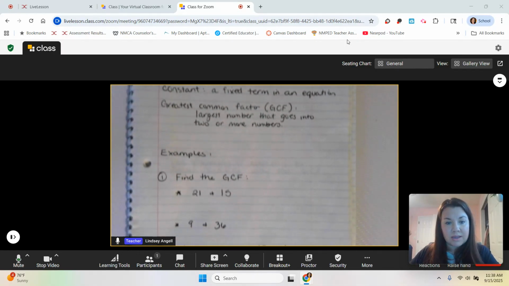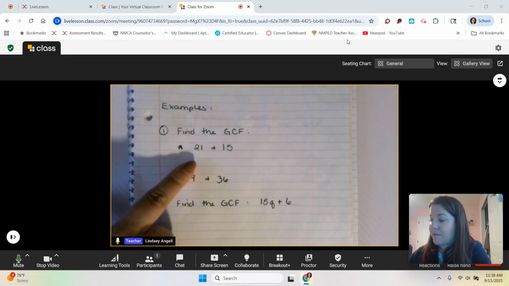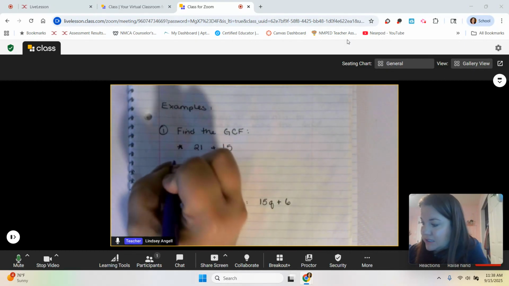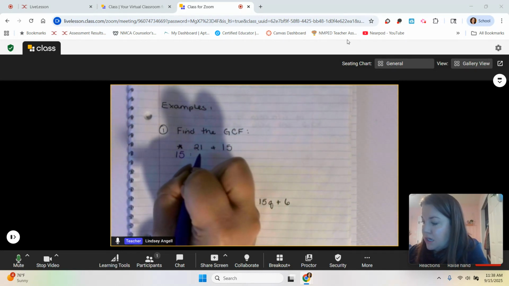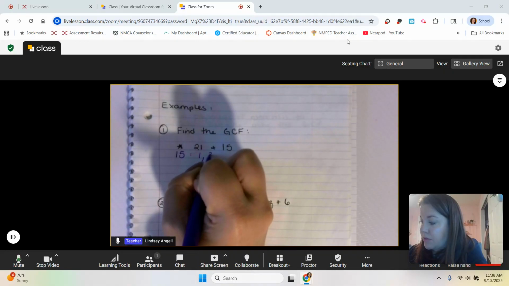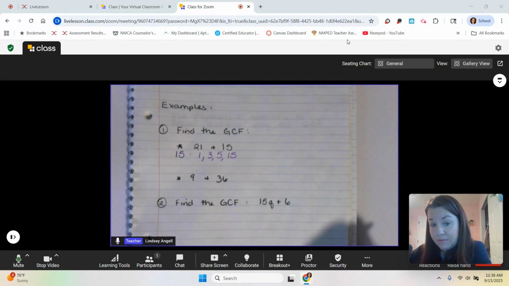So let's see here. First off, for example, find the GCF of 21 and 15. We're looking for the biggest number that goes into both 21 and 15. If you really need to, you could make lists for both numbers. For 15, 1 goes into 15, 3 goes into 15, 5, and 15.